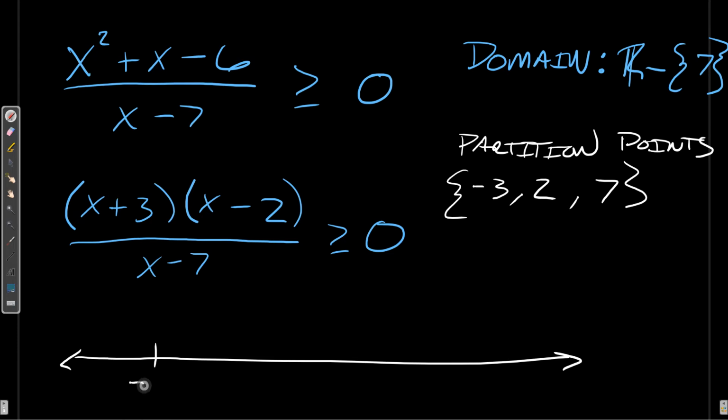So on my number line, I will plot the -3 and the 2 and the 7. And then up above those plotted points, I'm going to indicate which one is doing what. So at the 7 is where it's undefined, and at the 2 and the -3 is where it's 0.